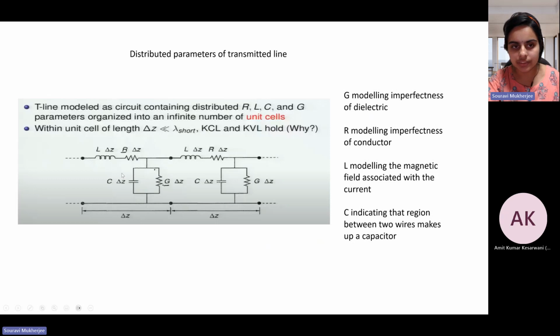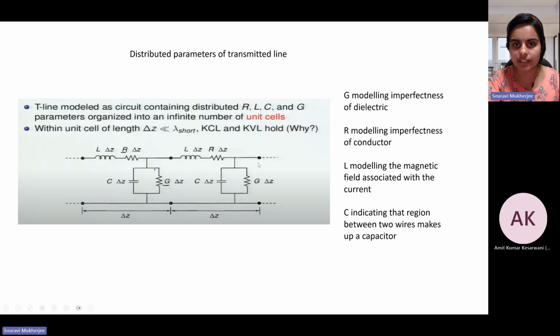The effect can be written in terms of an inductance and a resistance in series, and then a capacitance and a conductance, G, in parallel, because a resistance in parallel is a conductance. So these four components define the effect, and this is one unit cell.